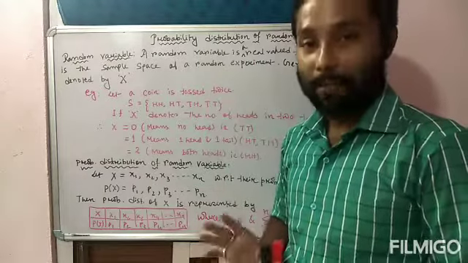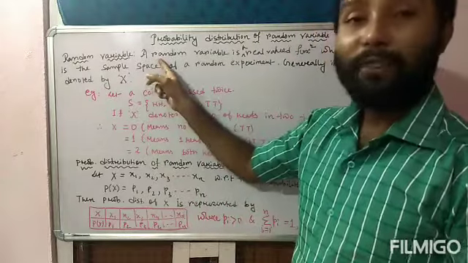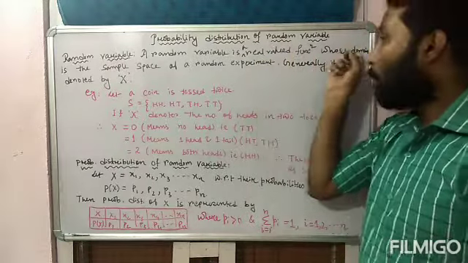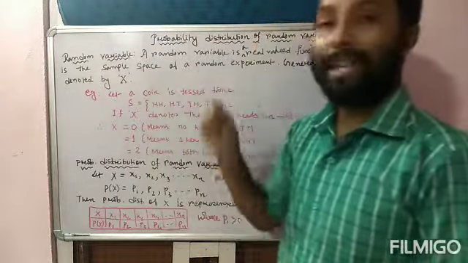I will give an example. First you go through the definition properly. A random variable is a real valued function whose domain is the sample space of a random experiment.